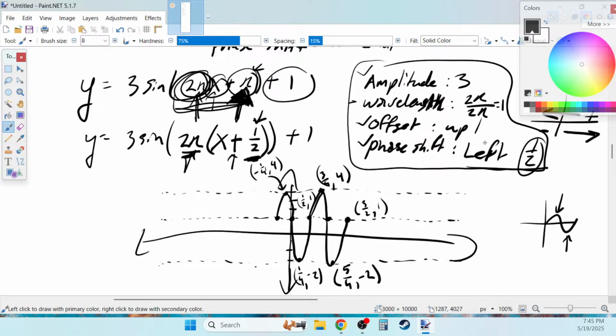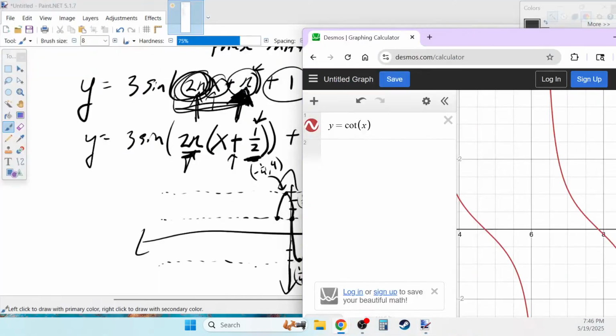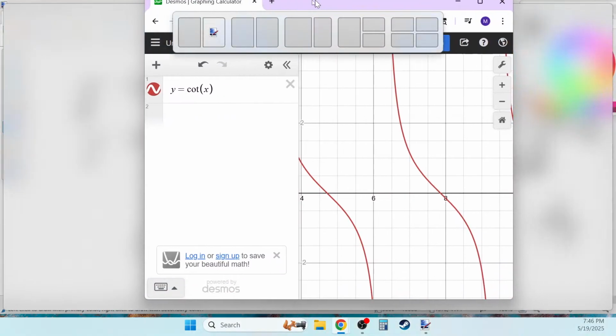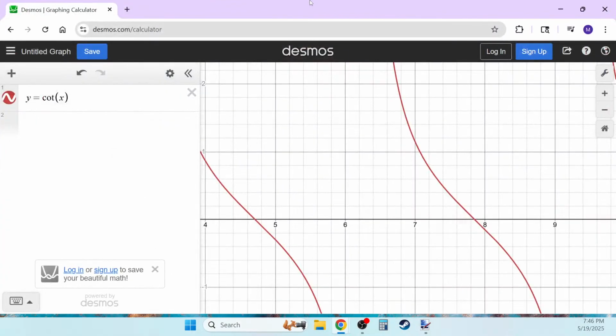And then once we have our graph, we can check that with Desmos. So if I were to plug in what I just said into Desmos, we would get this.